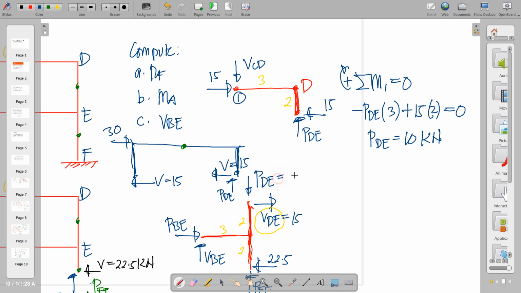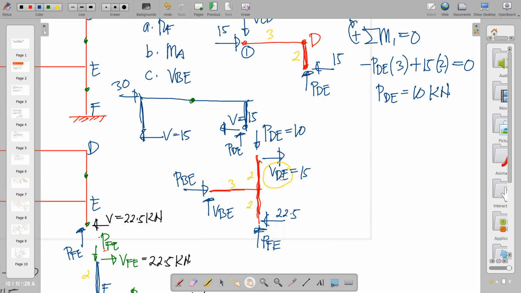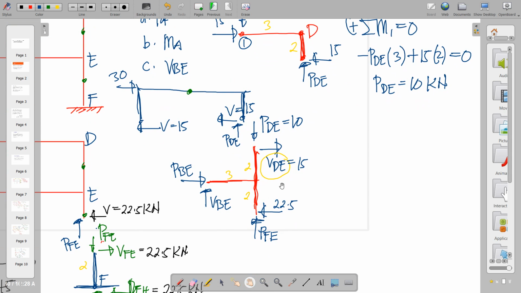So we can just transfer it here, 10, and then of course we can determine this PBE by summation forces horizontal on this portal. Summation forces H is equal to 0.